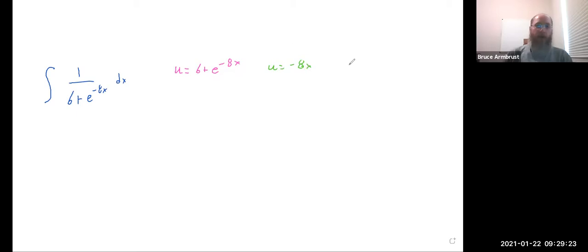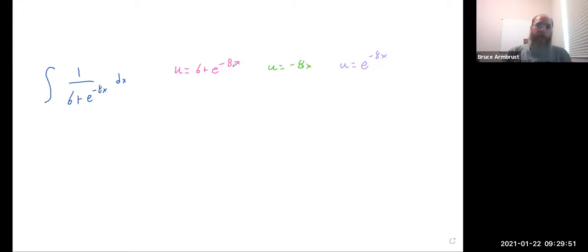And then there's one other that could potentially work. I'll put it up here as well. It would be if we let u equal e to the minus 8x. So I would say, looking at this, that these are our 3 real options. The minus 8x should be a pretty obvious one, because that would make this e to the u.